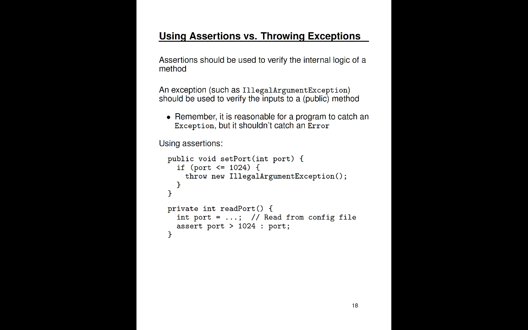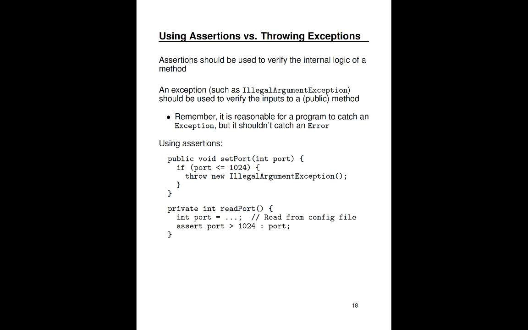If you've got inputs that come from outside of your code, either directly from the user or maybe you're writing an API yourself and someone's providing you a value in that API, you should use exceptions, something like an illegal argument exception, to perform error checking or other validation on that input. And again, using exceptions is probably the right call here. Using an error type is not the right thing because you're not really supposed to catch errors. You can catch exceptions, but not errors.